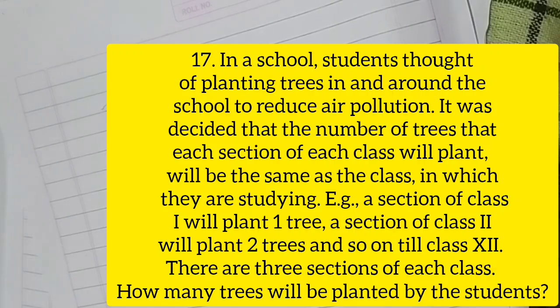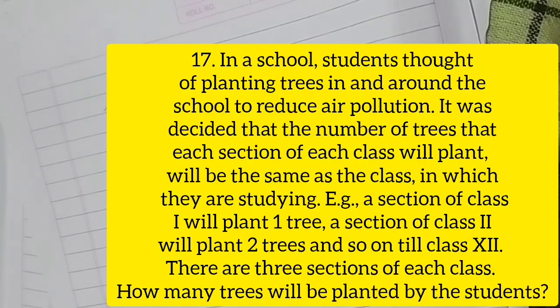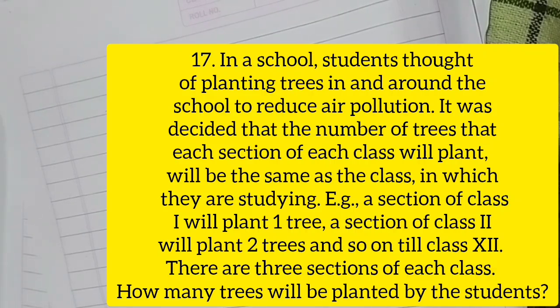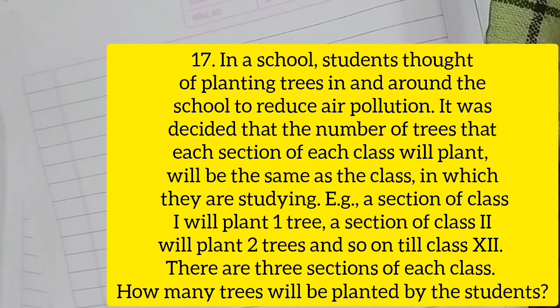Let us solve exercise 5.3, the 17th question. In a school, students thought of planting trees in and around the school to reduce air pollution. It was decided that the number of trees that each section of each class will plant will be the same as the class in which they are studying.